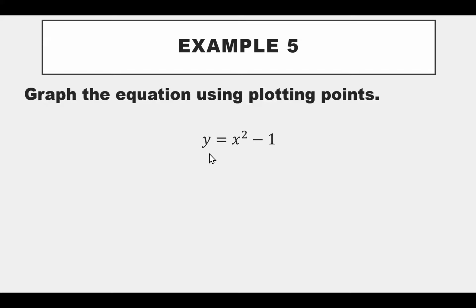Here's another equation where we have y equals x squared minus 1. And it asks us to graph this equation by plotting some points. If you want to try this on your own, push pause on the video and plot some points. This one you should not get a line for. In a couple of seconds, I'll show you how this is done.